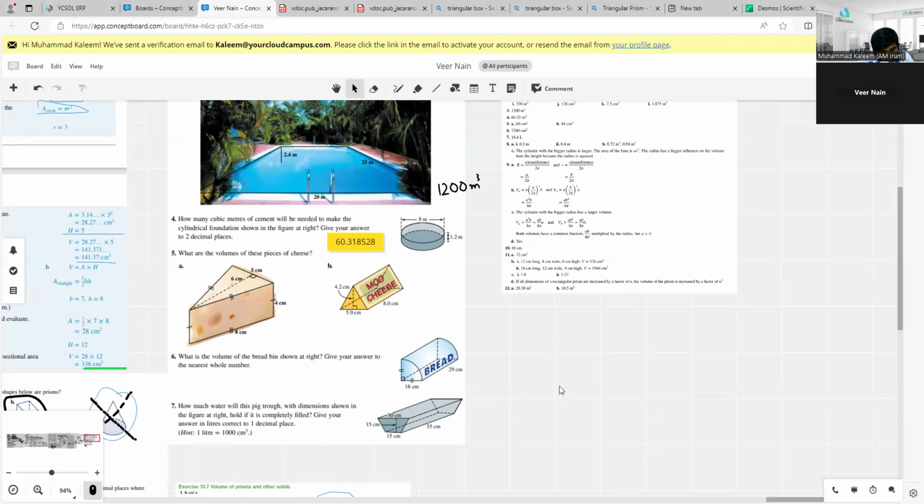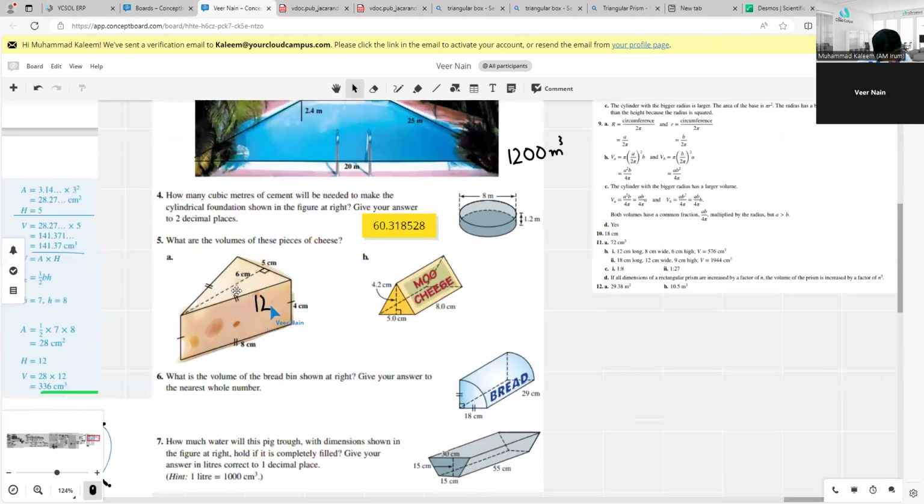So 5 times 6 equals 30. 30 times 4 equals 120. Is the answer to this 120 centimeters? Let me check.